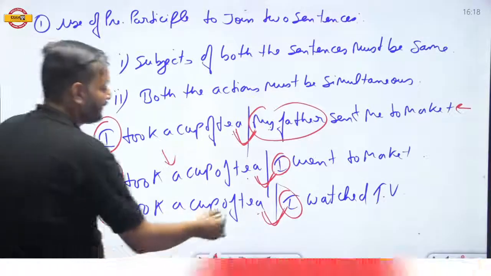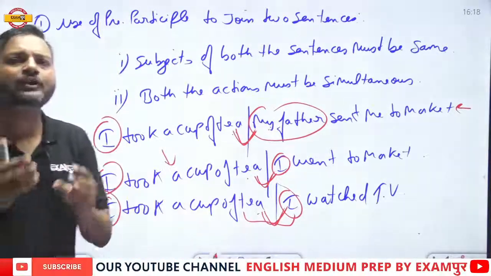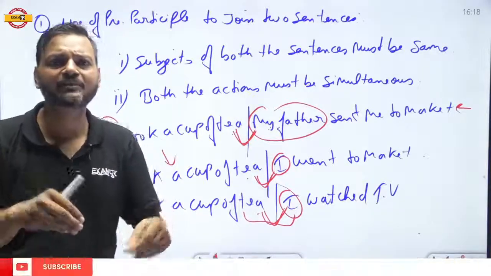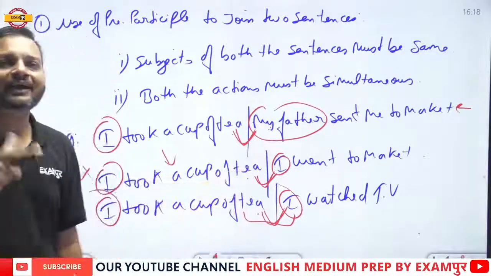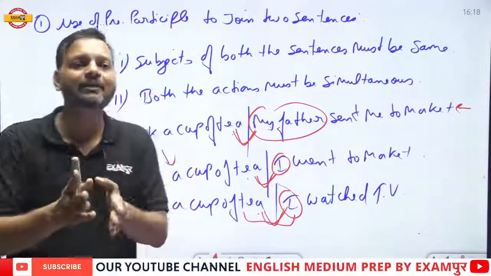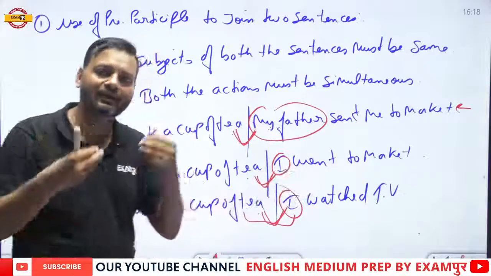So these two sentences fulfill both the conditions of using a present participle to join sentences. And what are those conditions? Subjects must be the same. So you can see subjects are the same. And second condition, both the actions must be simultaneous. So here taking a cup of tea and watching television are simultaneous.